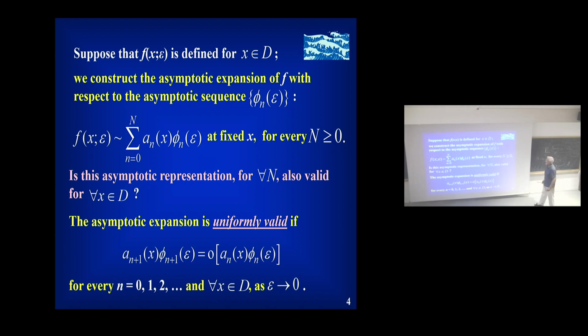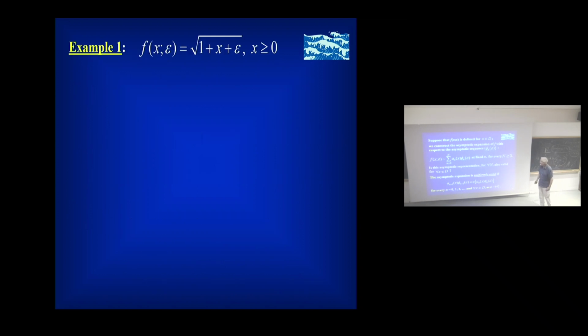Okay, so we've got an expansion. In this terminology, we have a function and an asymptotic sequence, and it's quite easy to check whether the asymptotic sequence you've chosen is actually consistent with the function. In other words, can you actually define this system and the coefficients?